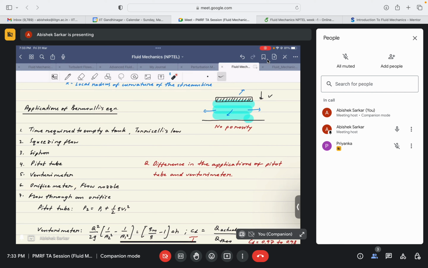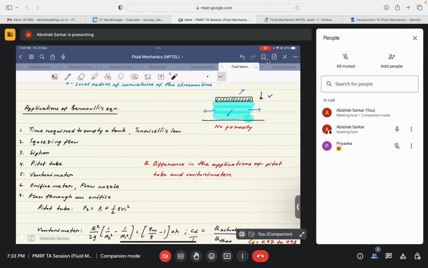But in some cases where we want to accurately measure the flow rate, we would use a venturimeter, since the accuracy of the flow field is much more important than the cost of production, right?